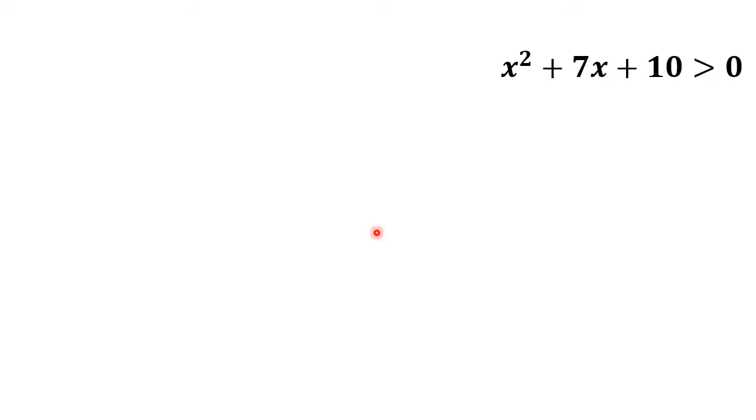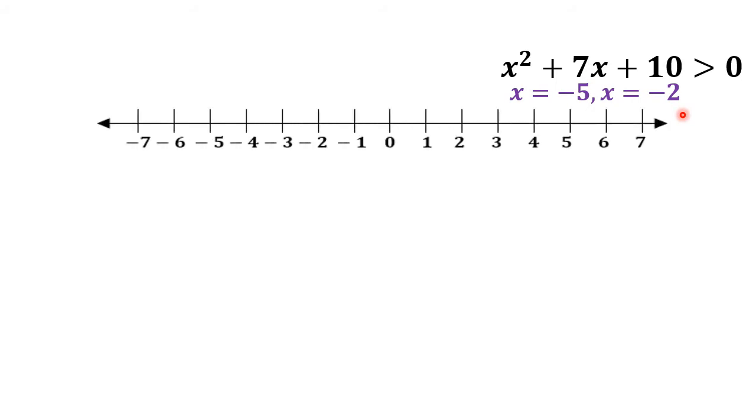So, we will go back to our quadratic inequality x squared plus 7x plus 10 is greater than 0. So, our roots negative 5 and negative 2 are now what we call the critical points or boundaries.